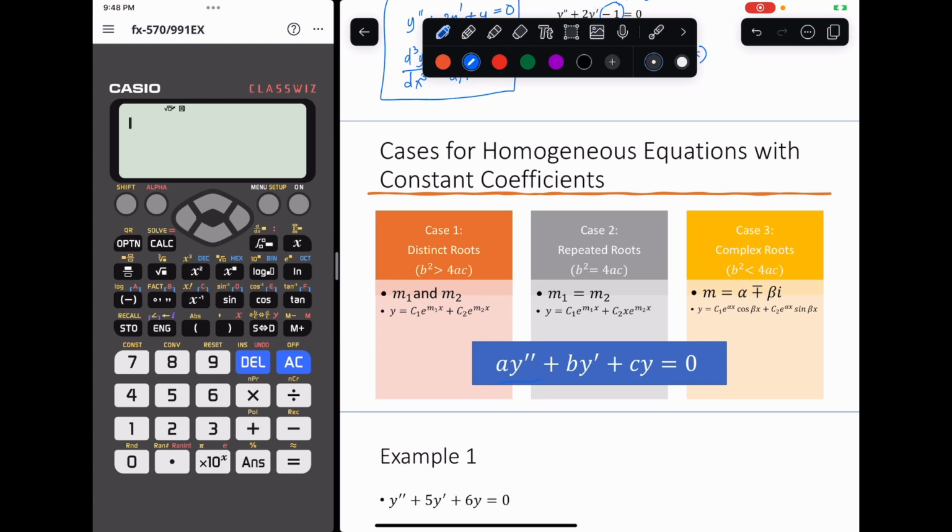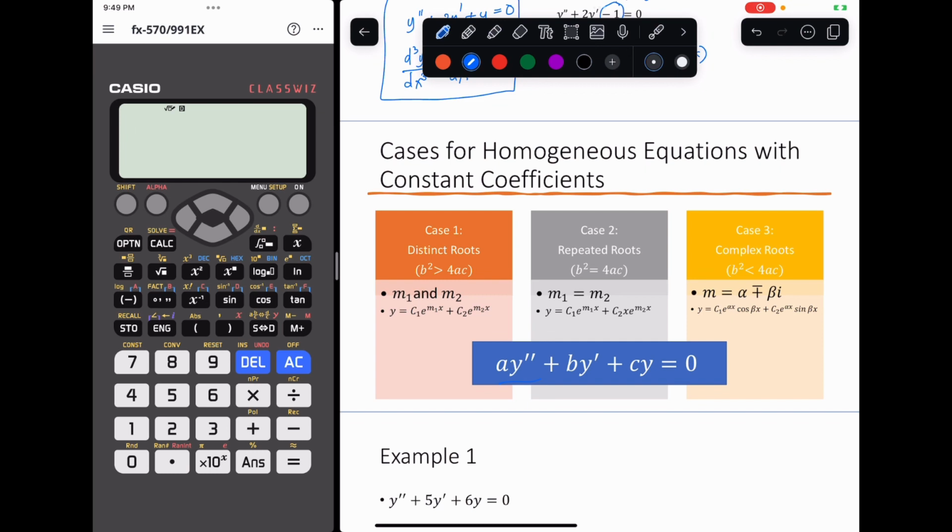In this case, the coefficient of the second derivative is a, the coefficient of the first derivative is b, and the coefficient of y is c. Getting the mathematical relation of b squared and 4ac will tell us what the case is for that given differential equation.